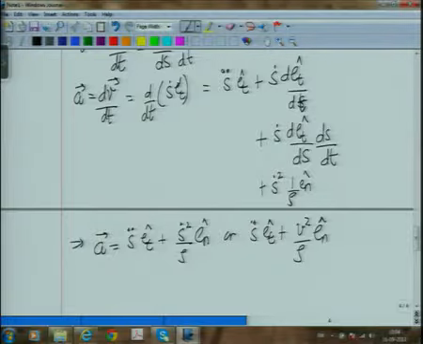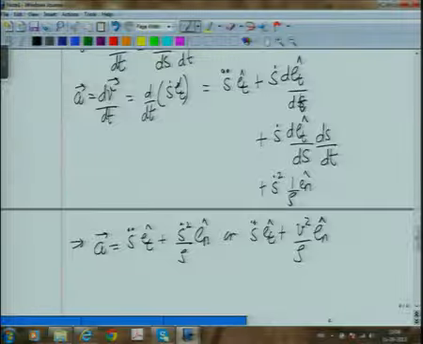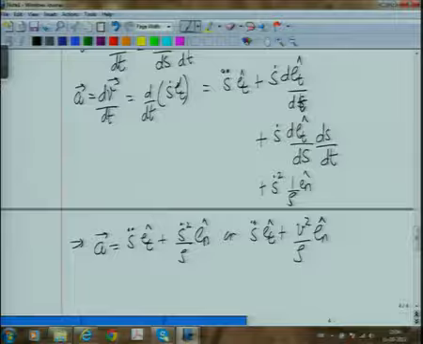So, this is the simple formula for acceleration in path coordinates. What do we get to know here? In path coordinates, if we know the path, and E t is the tangent to the path and E n is normal to the path, then acceleration has two components. The first component is along the tangent, which is equal to the rate of change of speed. If the speed is not changing, then this component will be 0.